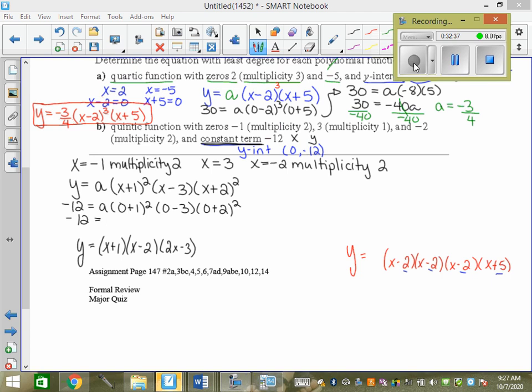Negative 12 equals a times 1 times negative 3 times 4. Divide by negative 12. A equals 1, because 1 times negative 3 times 4. So in this case, if you have forgotten to find the a, you would be lucky.